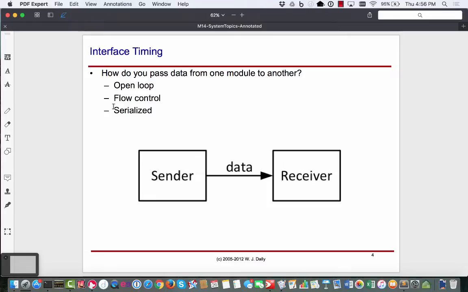So what are the common ways we get the data out of our computers? Anyone? What are the kind of standards or buses or interconnects we see in our modern computers? USB. Okay, USB is one. How fast does USB go?